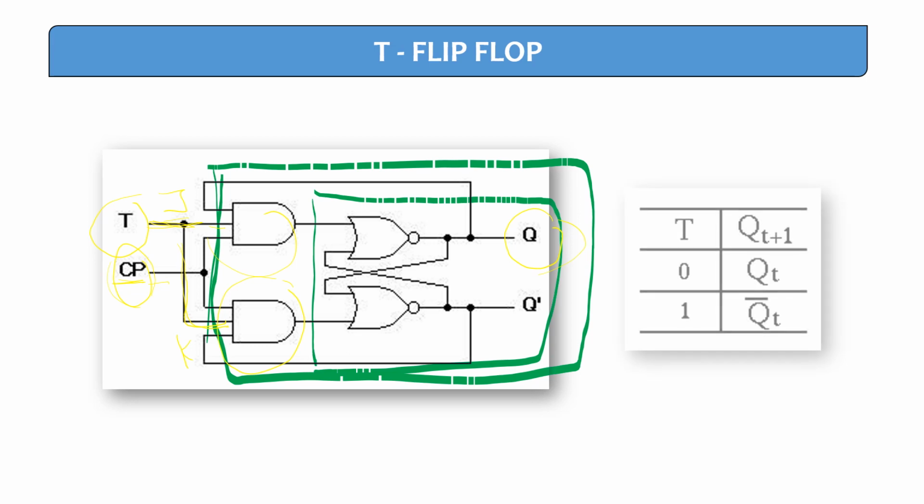Now let's see the truth table. It is a very simple truth table, because ultimately we are only providing one input at a time, and that input can be 0 or 1. Based on the value of T, I will change the status of the Q and the Q bar, right?